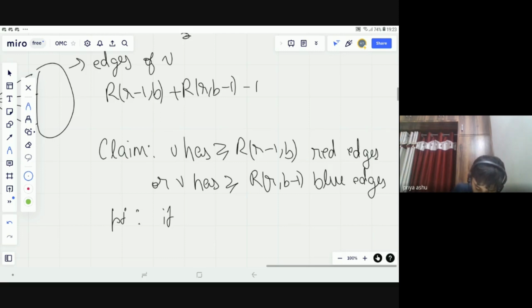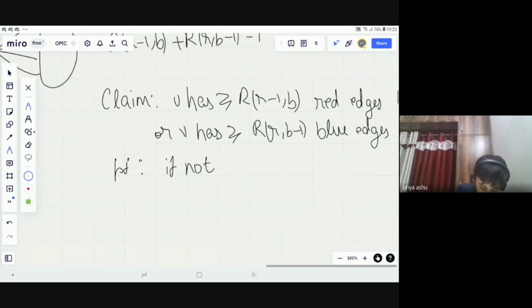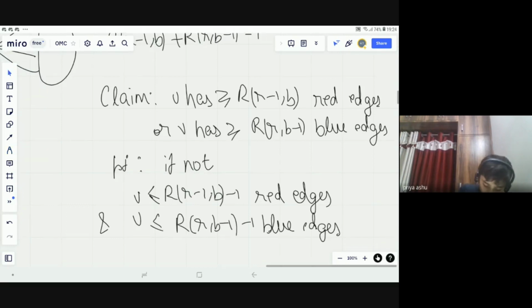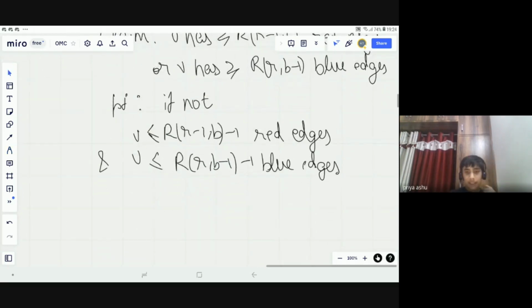So if the claim is not true, then we must have at most R(R-1,B) - 1 red edges, and we must have at most R(R,B-1) - 1 blue edges.